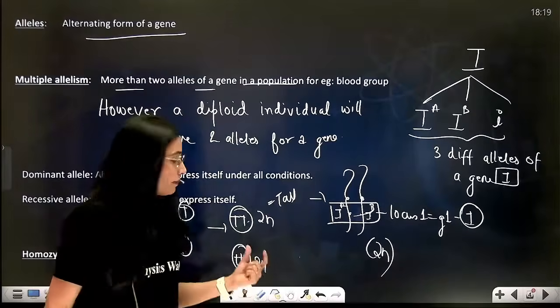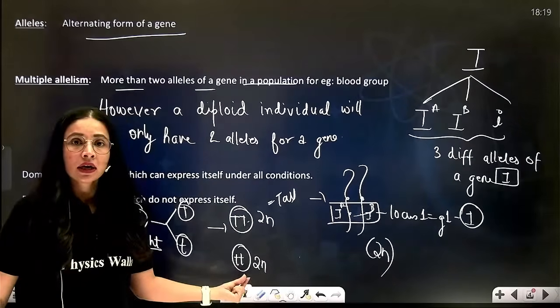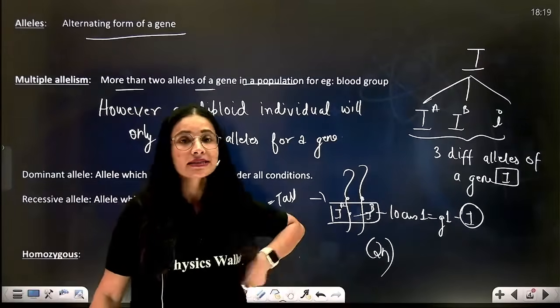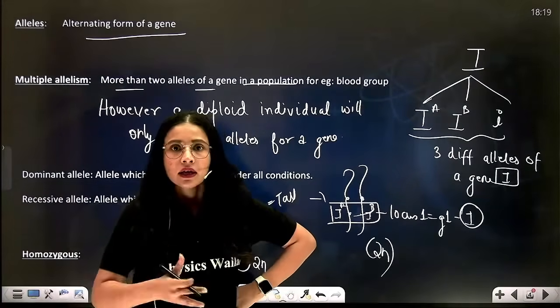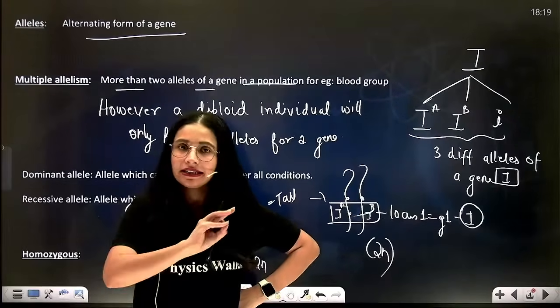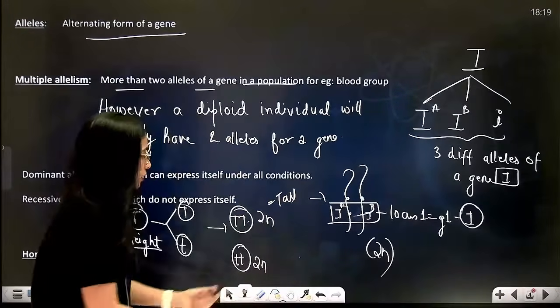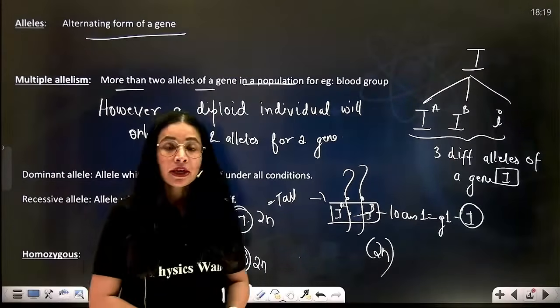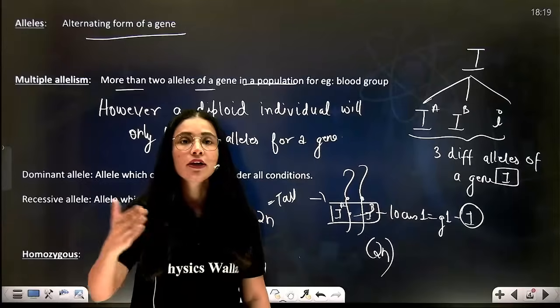However, if the combination is of the second condition, if both the alleles of a gene in a diploid organism are recessive, in that case, no protein is synthesized, because recessive alleles cannot produce protein. So neither is going to produce any protein. If no protein, then no enzyme.